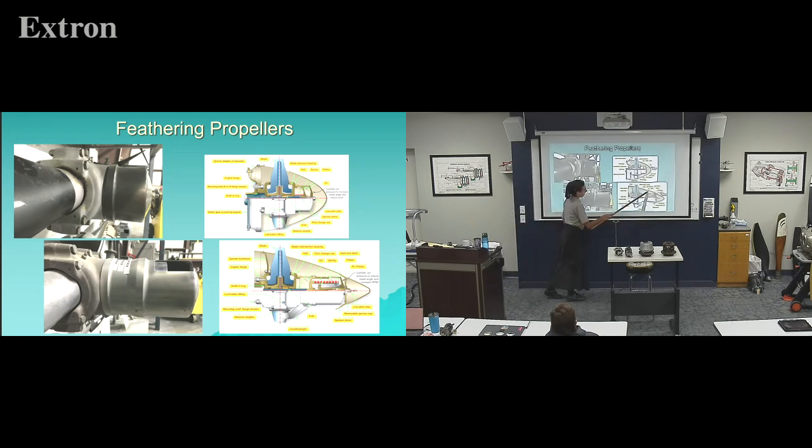We have a lot longer hub, almost twice as long, to allow for that full feathering blade angle change, to have the extra mechanisms. So we're adding complexity, more manufacturing, more weight, more inspection. So the weight, the expense, the maintenance is why they don't just do this to all props, because the advantage would be very minimal on a single engine aircraft.